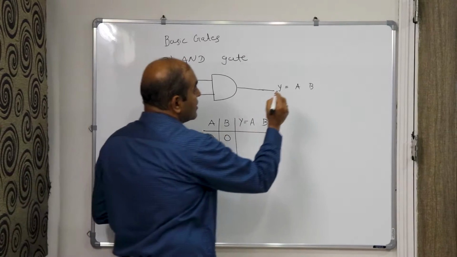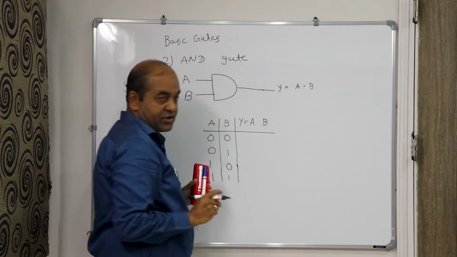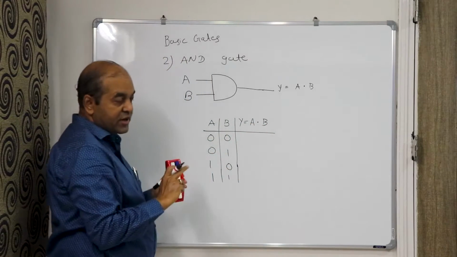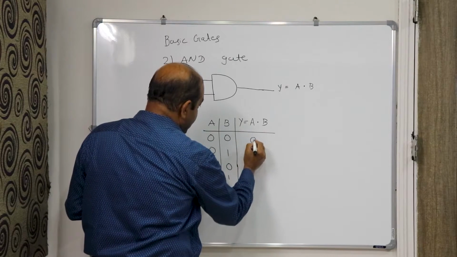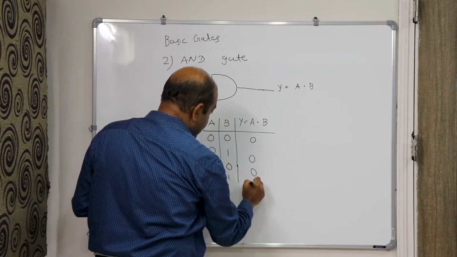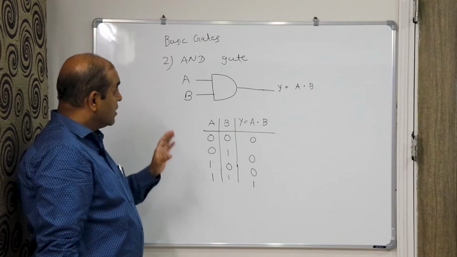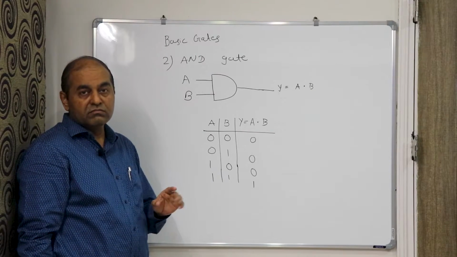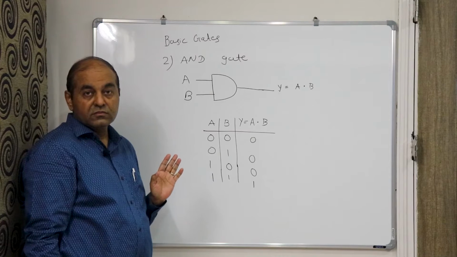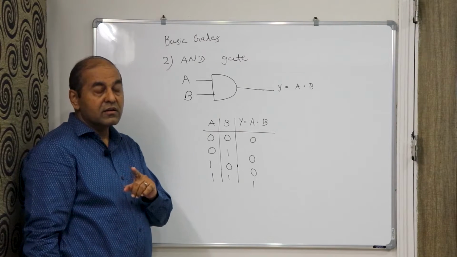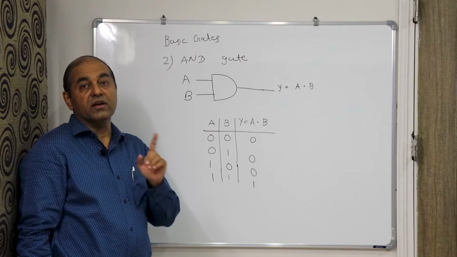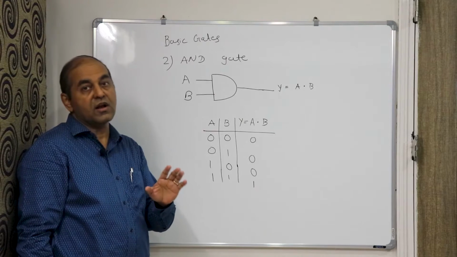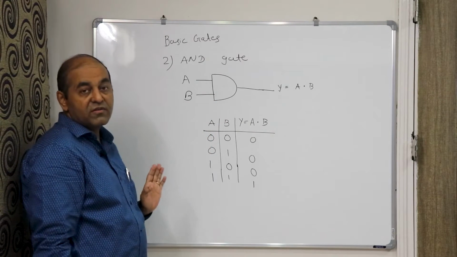So here symbol is dot in place of plus sign. So now your truth table is going to change. Here, when any input is 0, output is 0. Output is high when both the inputs are high. When both the inputs are high, then and only then output is high.